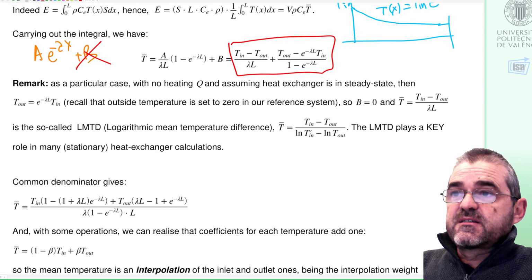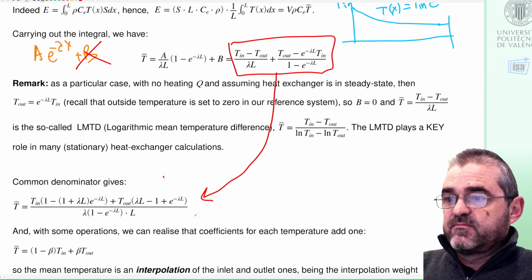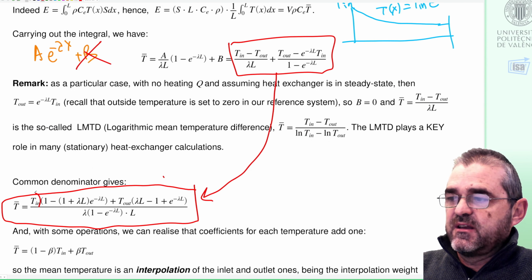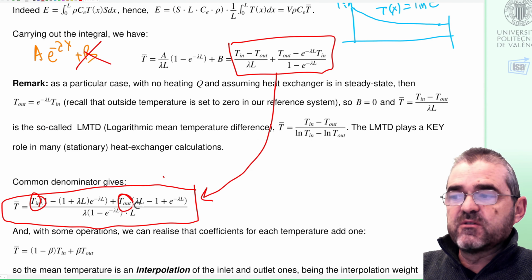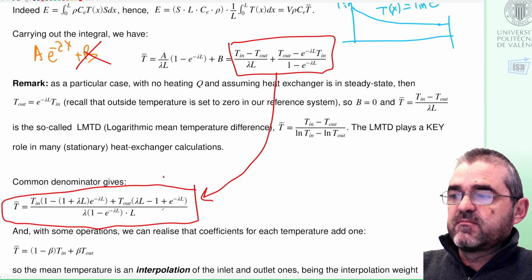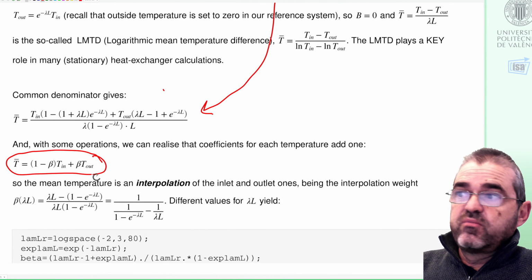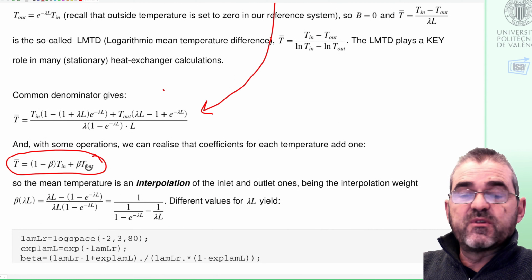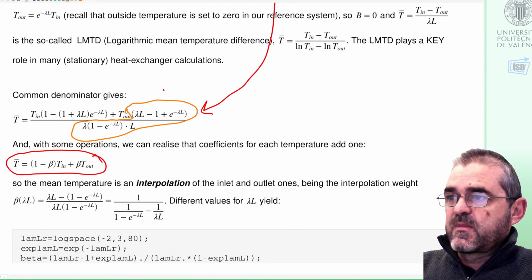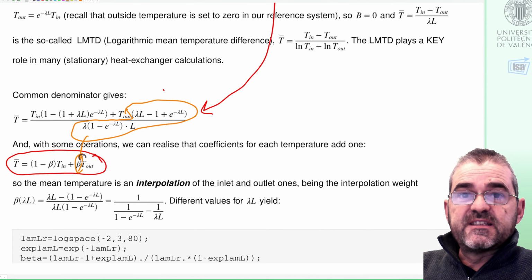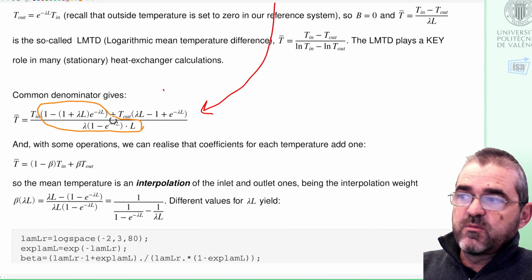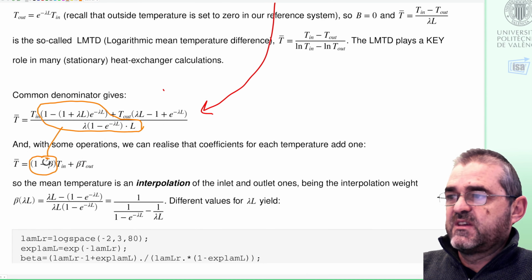If I place this to common denominator and I just write what multiplies the inlet temperature and what multiplies the outlet temperature, then we can prove, carrying out some operations, that the coefficient that multiplies the outlet temperature, if I call it beta, then the coefficient that multiplies the inlet temperature is 1 minus beta.